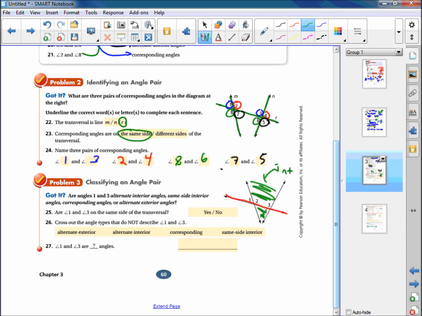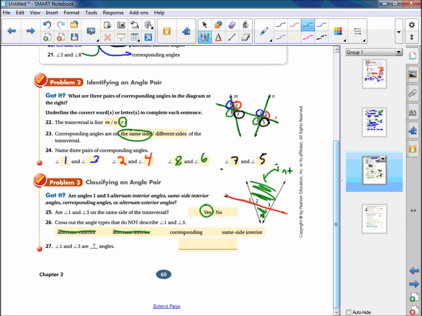Okay, so are they on the same side as the transversal? So 1 and 3. This is yes. So now we have a choice. We can do corresponding or same side interior. All right, so cross out all the angle types that do not describe 1 and 3. They are not alternate exterior. They're not both in the exterior. They are not alternate interior. They're not both in the interior. And they're all on the same side, so the alternate part messes up.